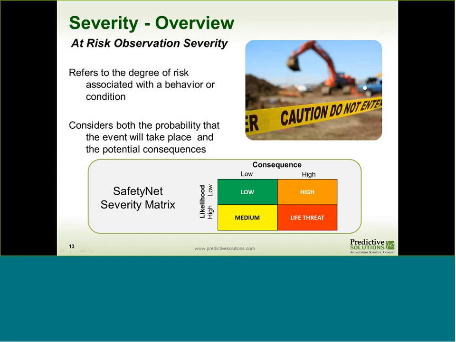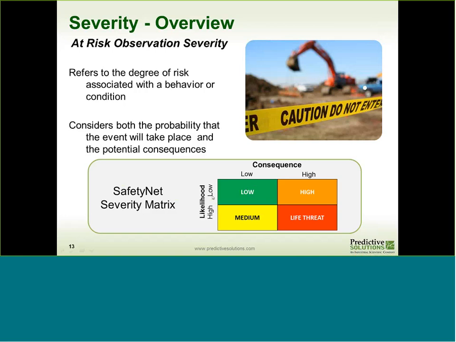Okay, good. So let's talk about how you would evaluate low, medium, high, and life threat. You look at the likelihood and the consequence. So this is basically a risk calculation. Every time you find an unsafe observation, the observer has to make a risk calculation. They have to determine the likelihood of this leading to an injury, as well as the potential consequence of that injury.